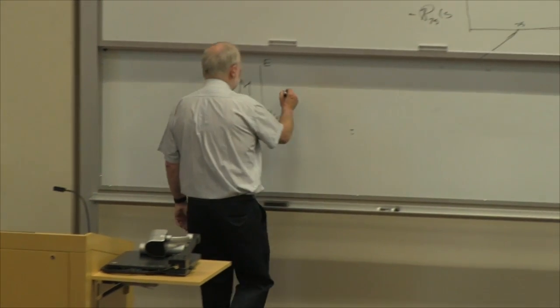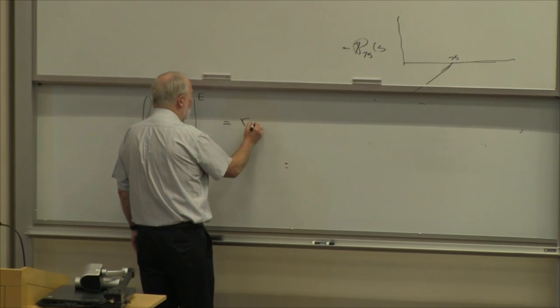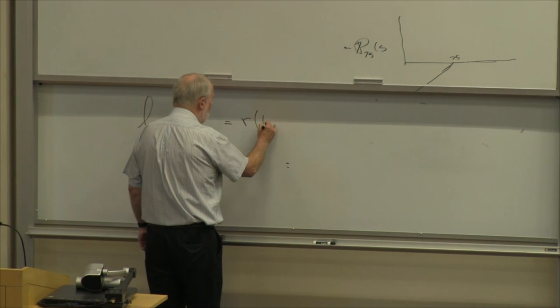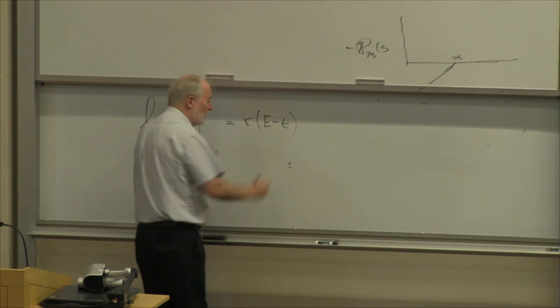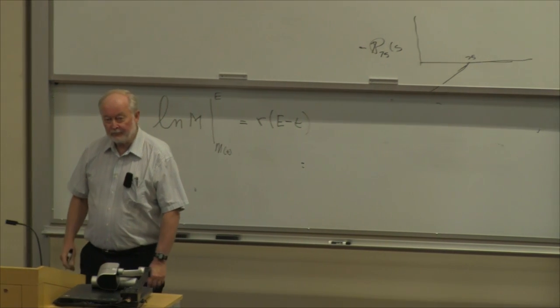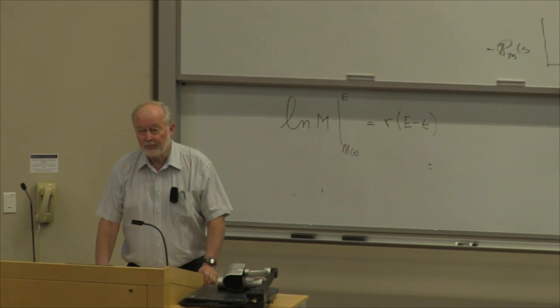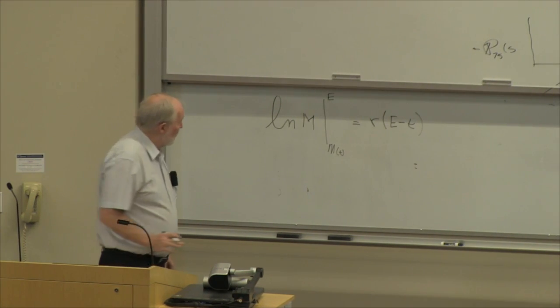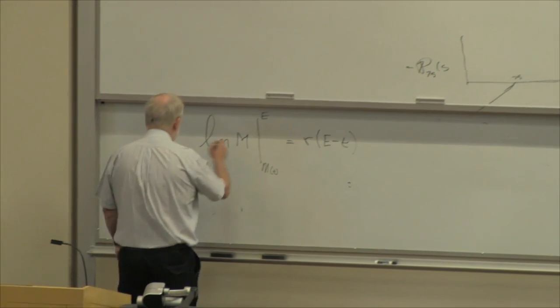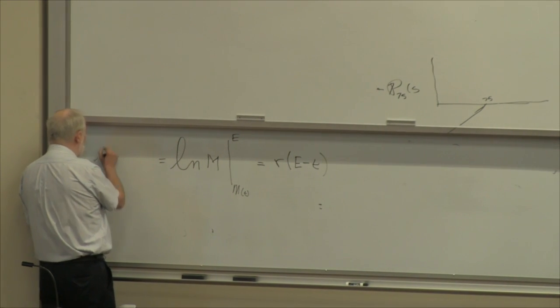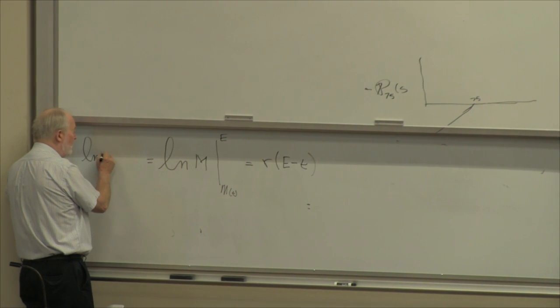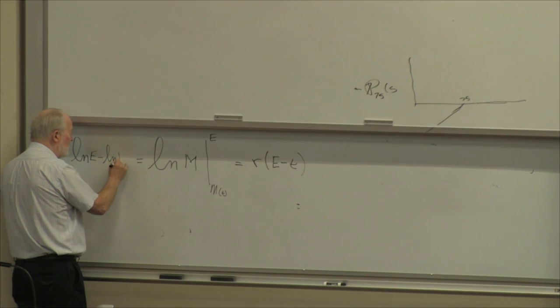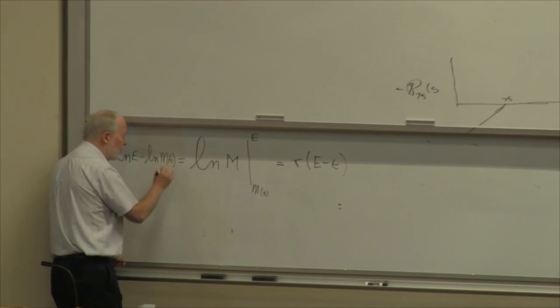Equals R times (T minus t) from integrating. Okay? Everybody with me? Now all we have to do is get rid of the natural log. This is going to be equal to the natural log of E minus the natural log of the amount of money I'm going to put in the bank today.